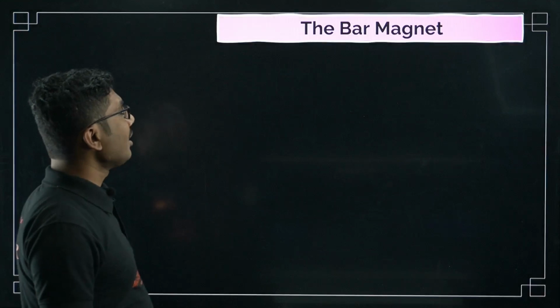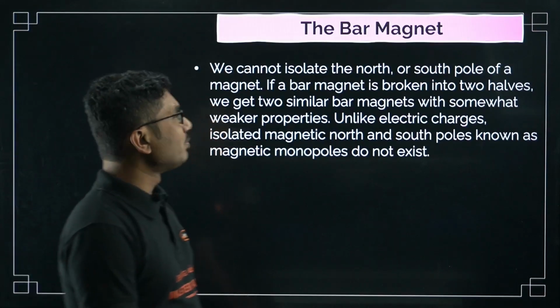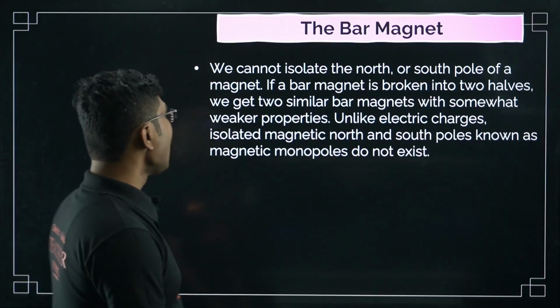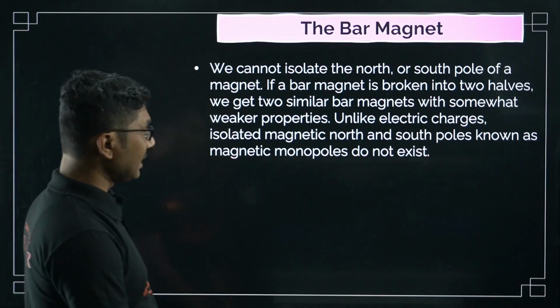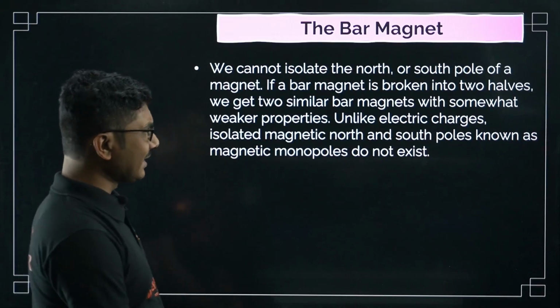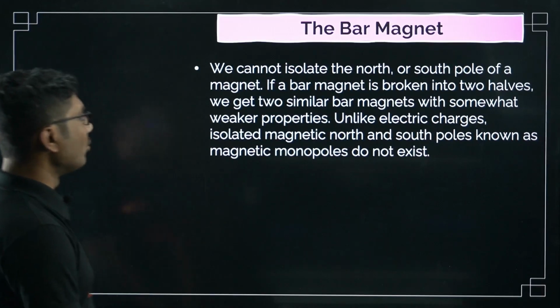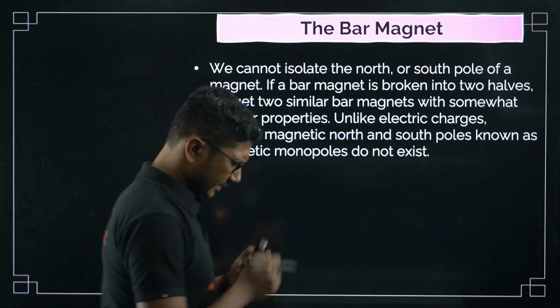Now let's move on. We cannot isolate the north or south pole of a magnet. If a bar magnet is broken into 2 halves, we get 2 similar bar magnets with somewhat weaker properties. Unlike electric charges, isolated magnetic north and south poles, known as magnetic monopoles, do not exist.